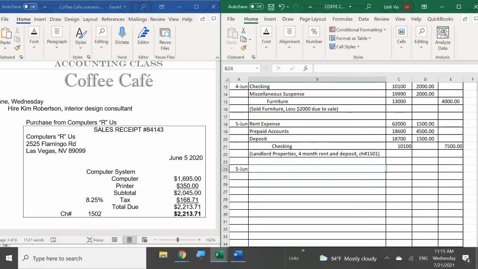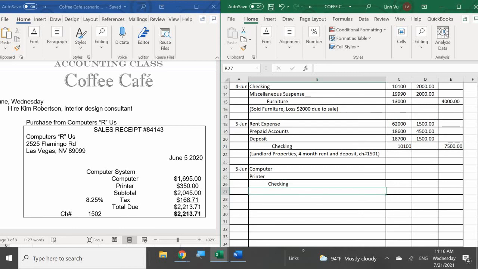Good. So I'm acquiring my assets. I'm increasing my computer account because I'm purchasing a fixed asset. I also am going to increase my printer account because I got a printer, and I paid using my checkbook.